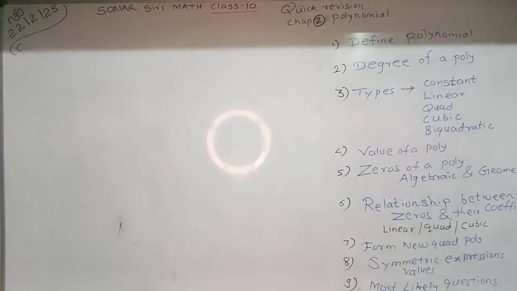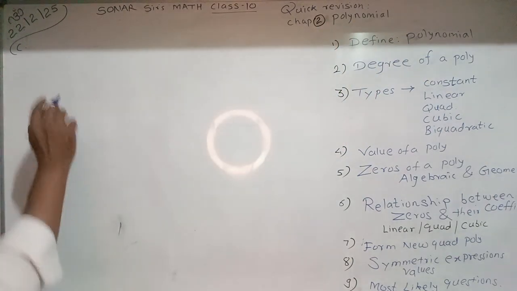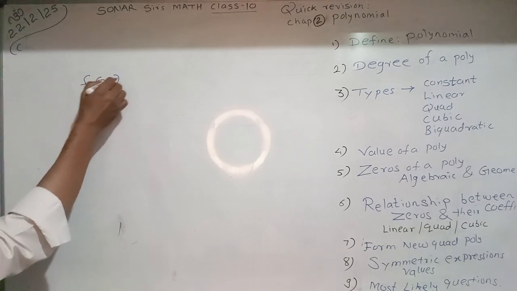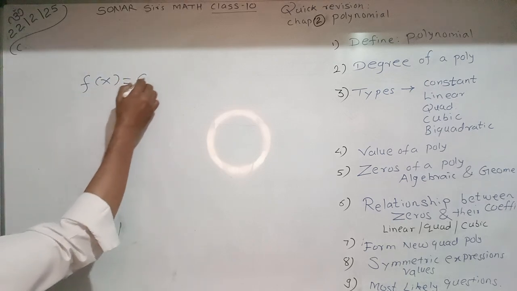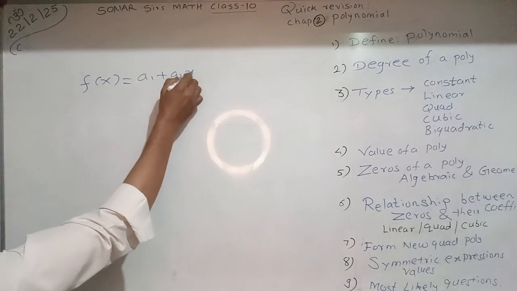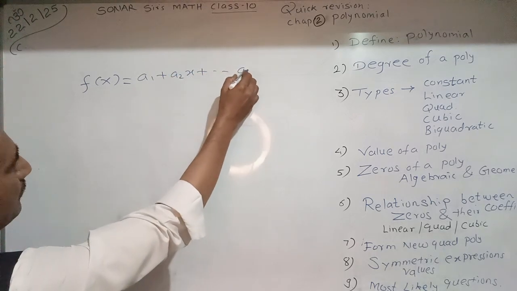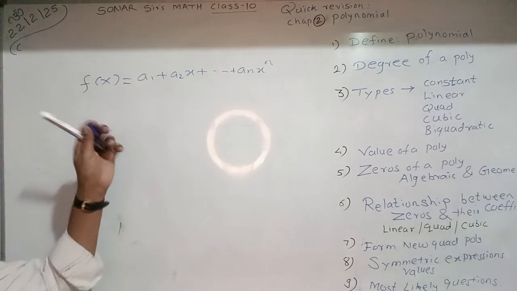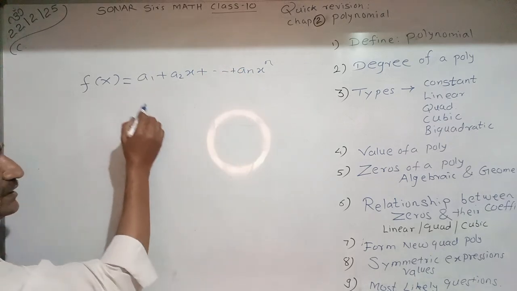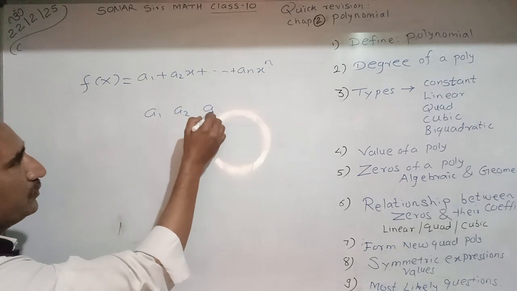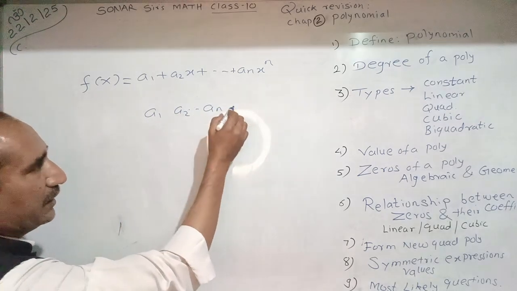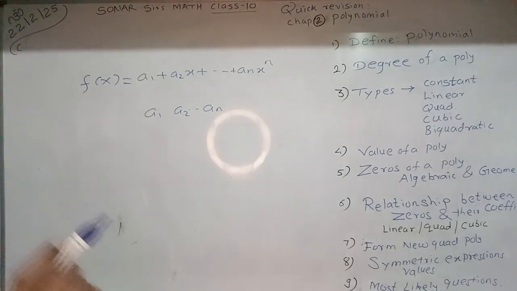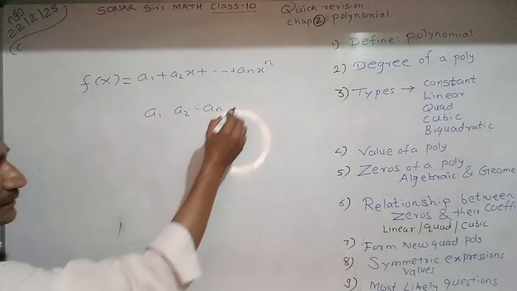So what is the polynomial? Polynomial is an algebraic expression in which a1, a2, up to an are the real number constants.